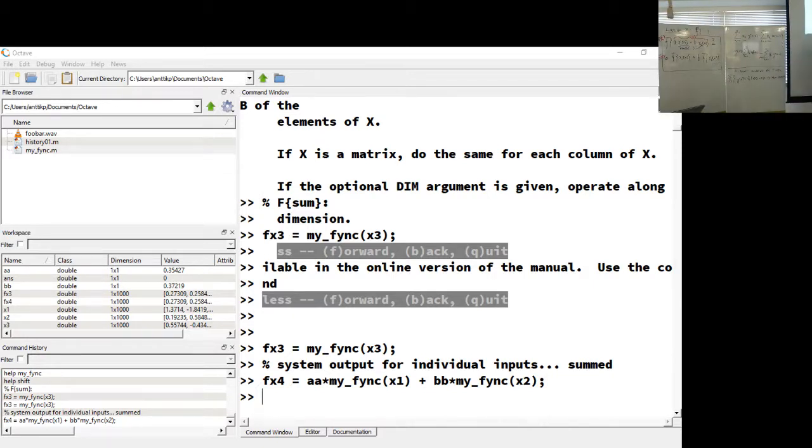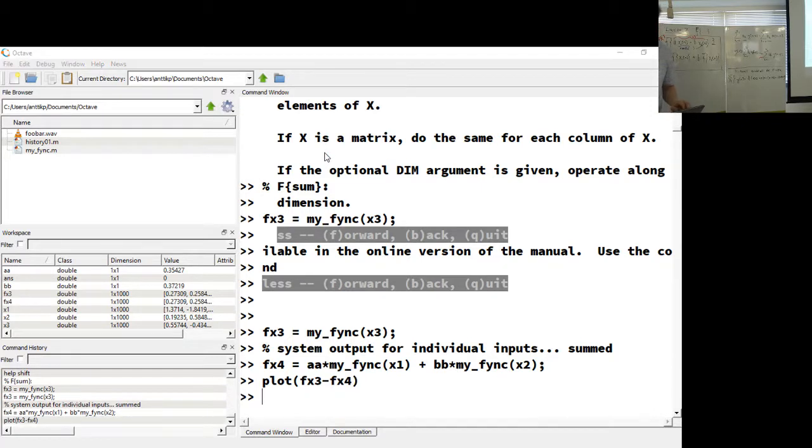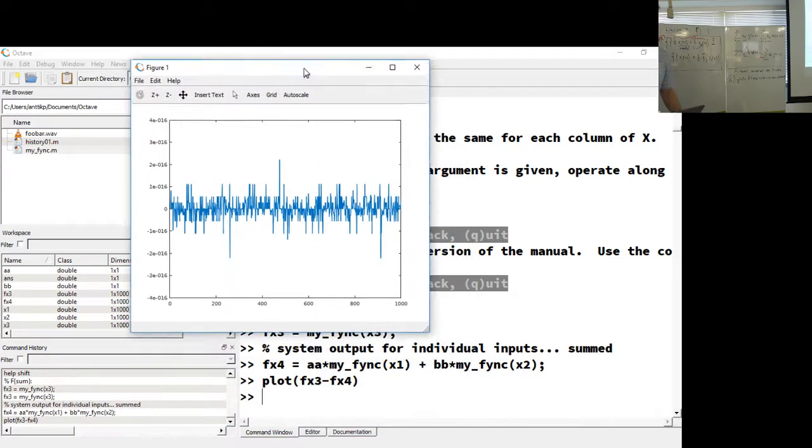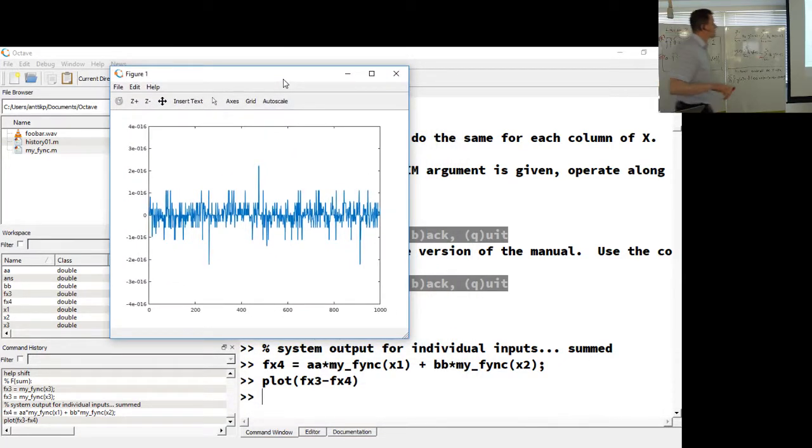To test if these two signals are the same, I will just plot the difference, fx3 minus fx4. Wow, this came out actually pretty nice. The zeros did not make much difference here, although they are still affecting the beginning.